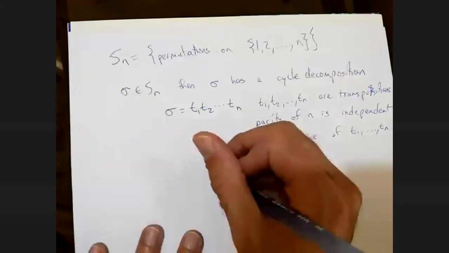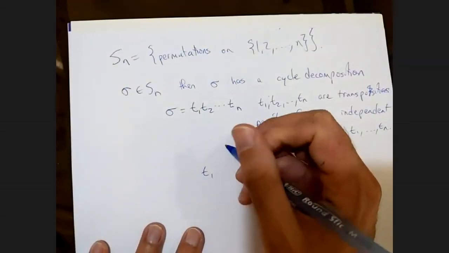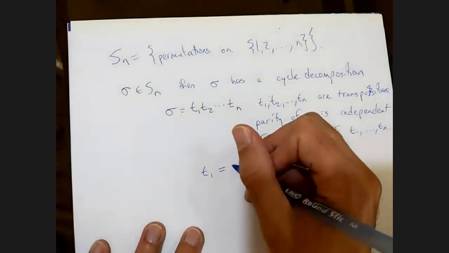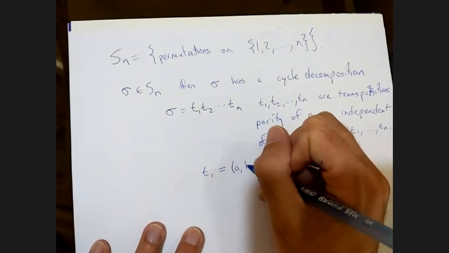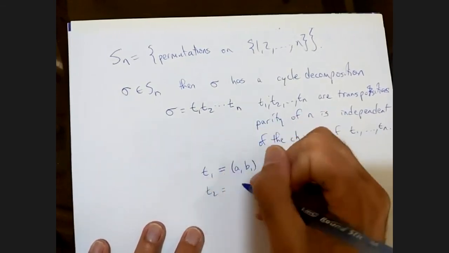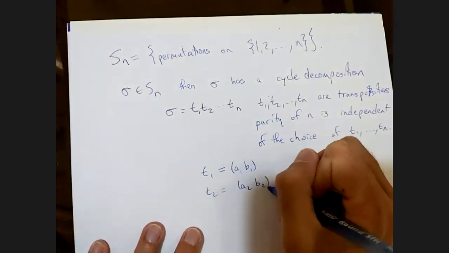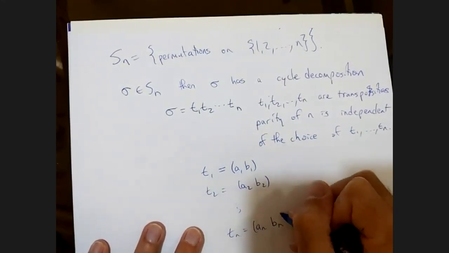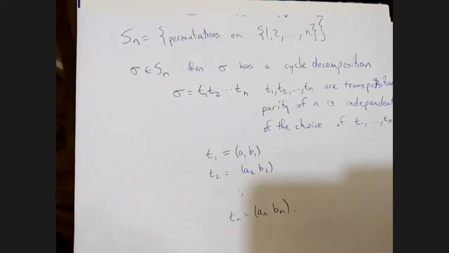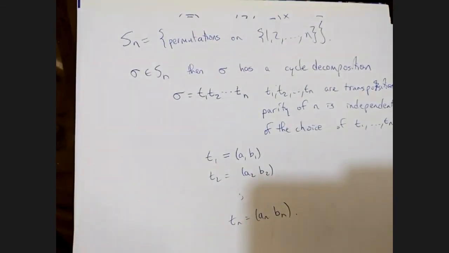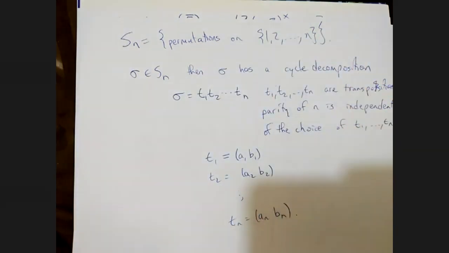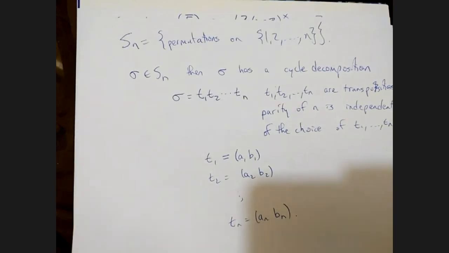So let me remind you that each transposition is just a two cycle. T1 is like (A1, B1). T2 is just like (A2, B2). And what this says is that if you want to rearrange these numbers in some way, you can rearrange them just by switching two at a time.